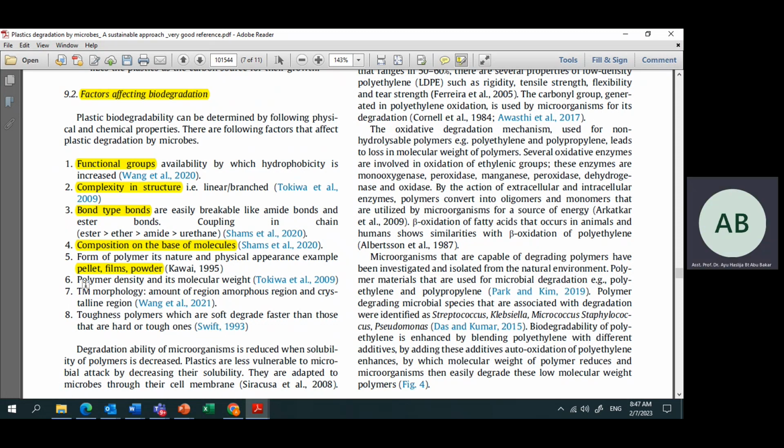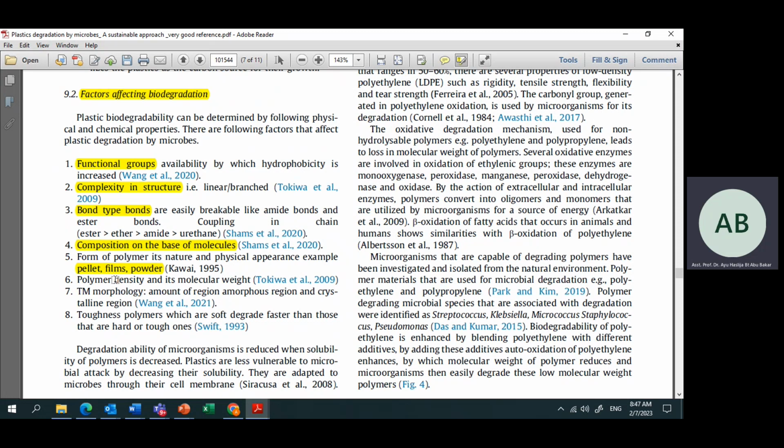In your opinion, films and powder, which one will degrade faster? Powder. Why do you say powder? More surface area, so the reaction rate will be faster and it will degrade faster.